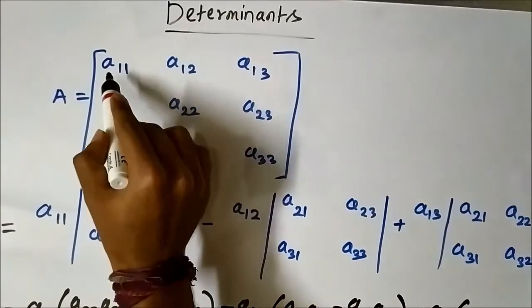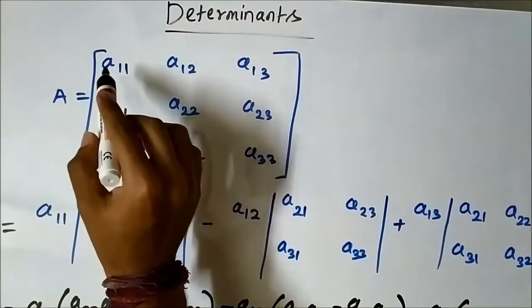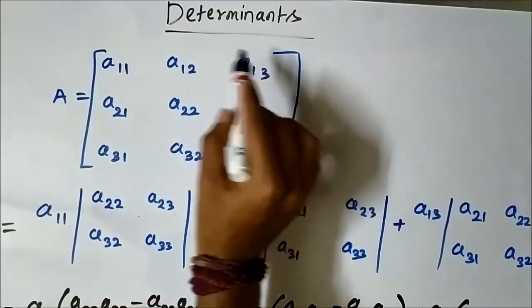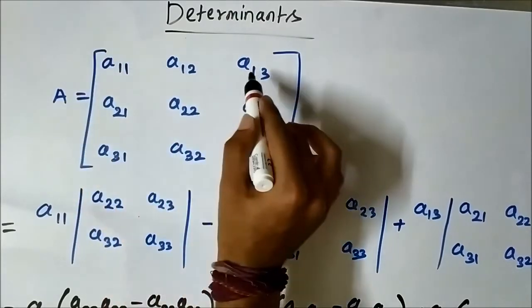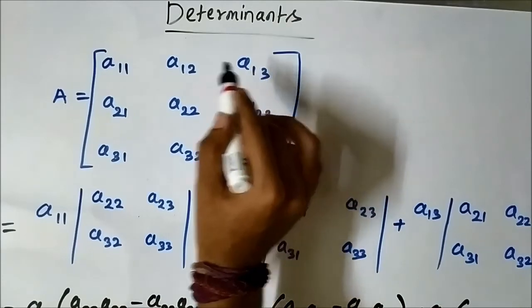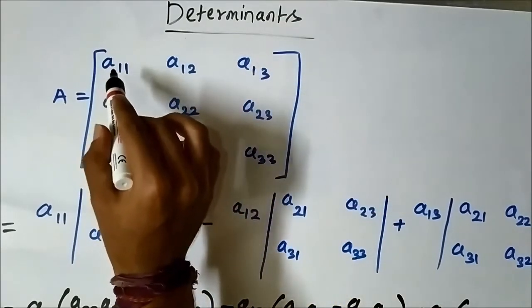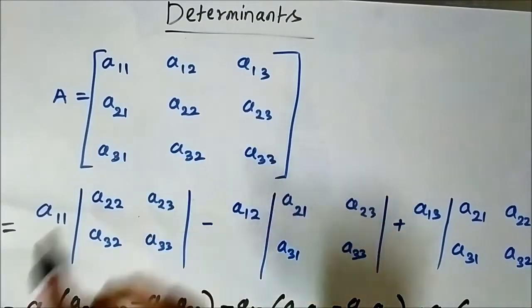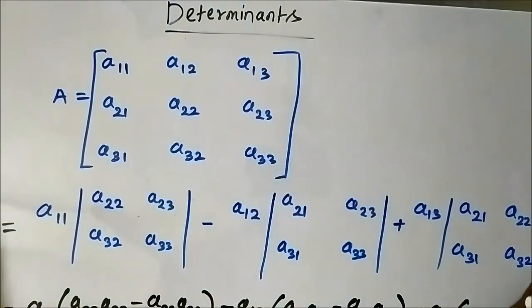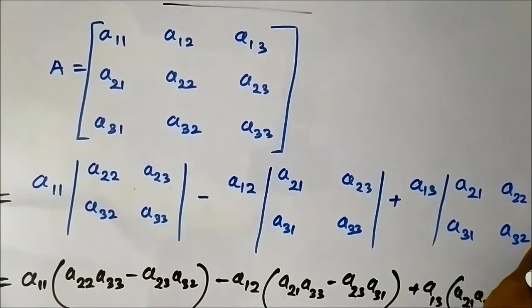When you consider a particular element of a particular row, suppose you start with the first row and you pick A11 first, you completely remove the column and row at the intersection of which the A11 element is present, and then you determine the determinant value of the remaining elements as you do for a second order determinant.